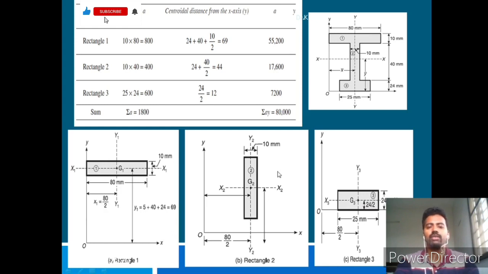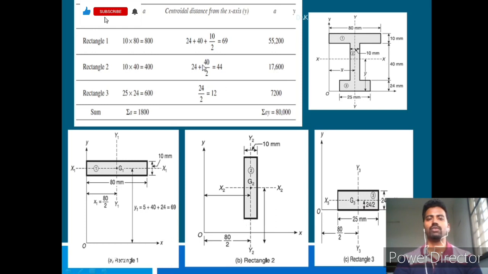Next, let us identify for the second section, which is a rectangle. The x distance from the y axis will be 80 by 2, that is 40 mm, and from the x axis the y distance will be 24 plus the centroid of the section, that is 40 by 2.